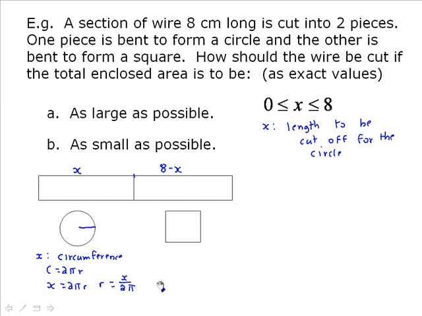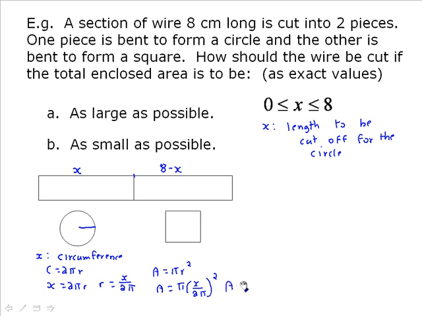And therefore, the area of the circle, which is pi r squared in general, is equal to pi times, instead of r, x over 2 pi, squared.